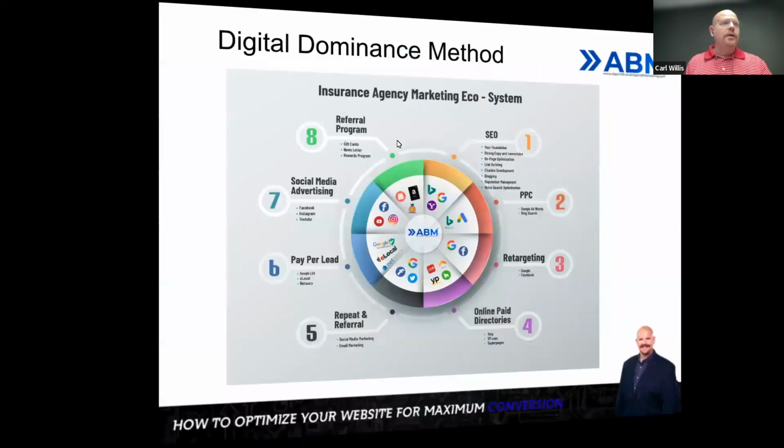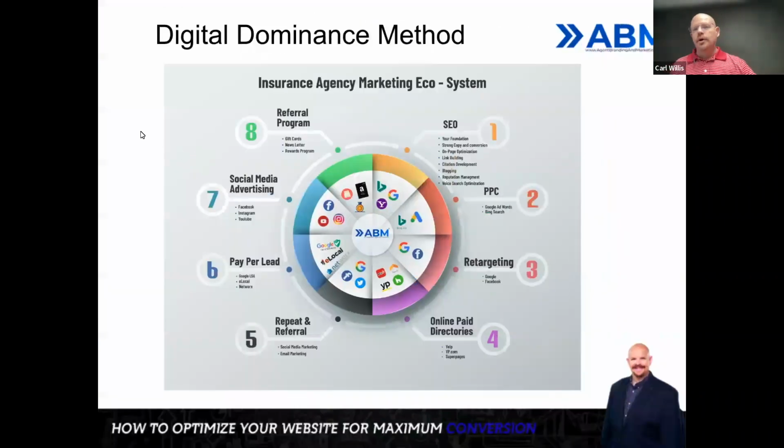So real quick, this is part of what's called our digital dominance method. What the digital dominance method is all about is these are the components of a marketing ecosystem that are going to make you most effective in today's digital landscape. This ecosystem is numbered.